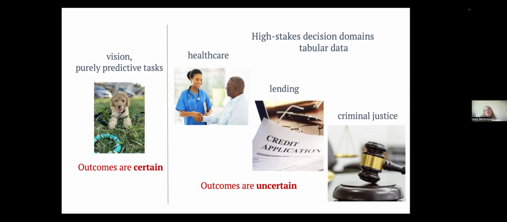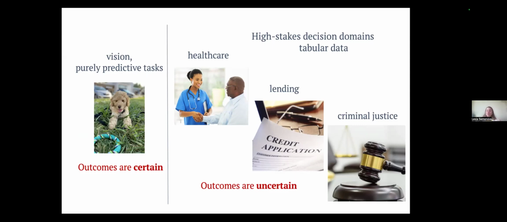But questions that are interesting to ask in high-stakes decision domains, for example, will this person get diabetes in 2 years, or will this person commit a crime in 2 years after being released on parole, are way more complex. They have to do with non-deterministic human behavior and a lot of random processes of the world. Maybe I'll get a job next week. Maybe I lose a job next week. Maybe I gain some weight or change my diet. All of this can lead to many different outcomes, which makes our outcomes way more uncertain with respect to the inputs we observe in our data sets.